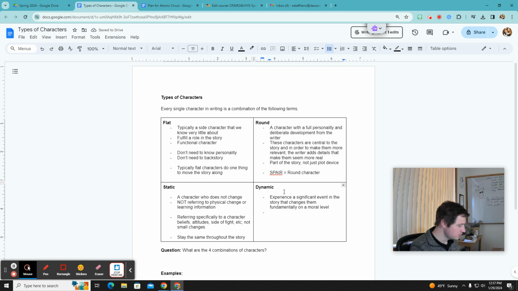It needs to be a light side to dark side switch, or good to evil, or evil to good. We're talking about the fundamental morality of the character switching when it comes to dynamic characters. This is obviously specific to fantasy and sci-fi.